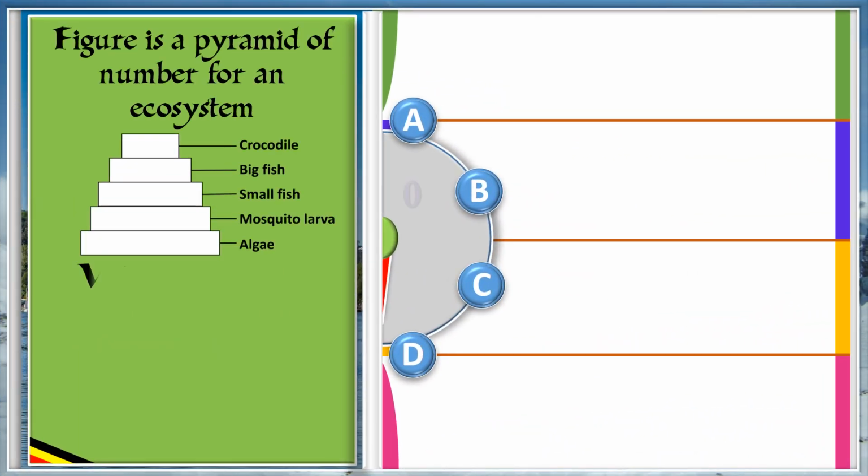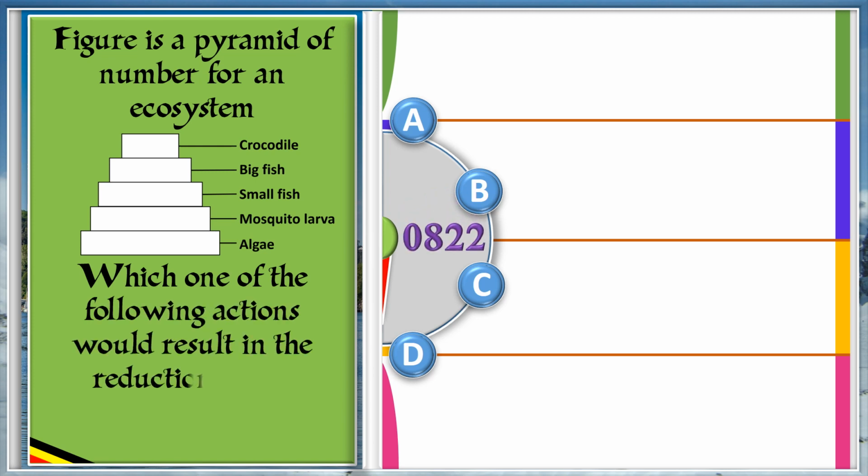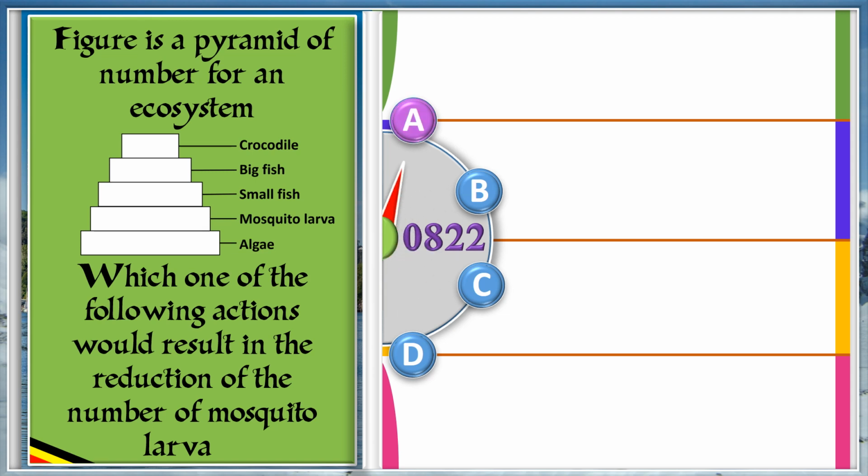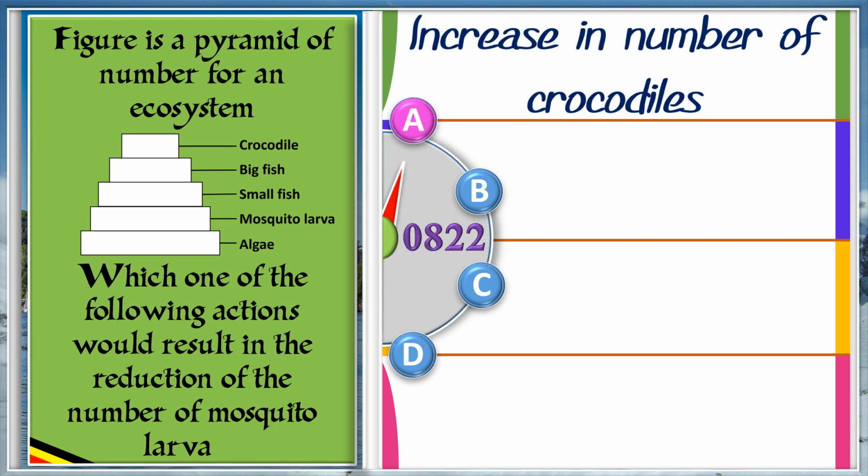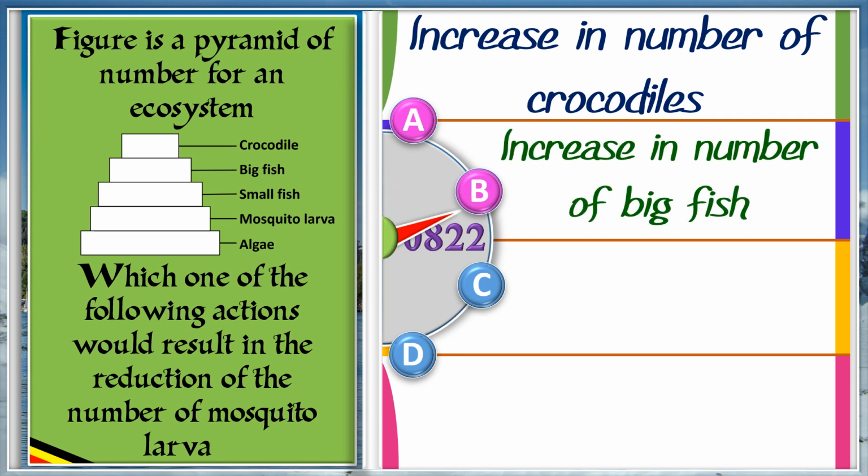Figure is a pyramid of number for an ecosystem. We have the algae at the bottom, mosquito larva, small fish, big fish, crocodile. Which one of the following actions would result in the reduction of the number of mosquito larvae? A. Increase in the number of crocodiles. B. Increase in the number of big fish.